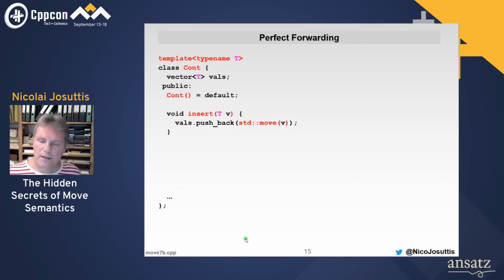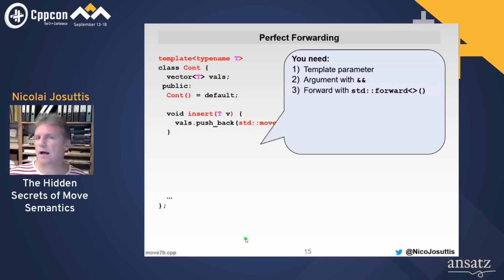So what can you do then instead? The usual way is to use perfect forwarding. Perfect forwarding, most of you have probably heard of that. The audience at CppCon is usually experts, but let me just bring up the usual three things you need to have a universal reference.